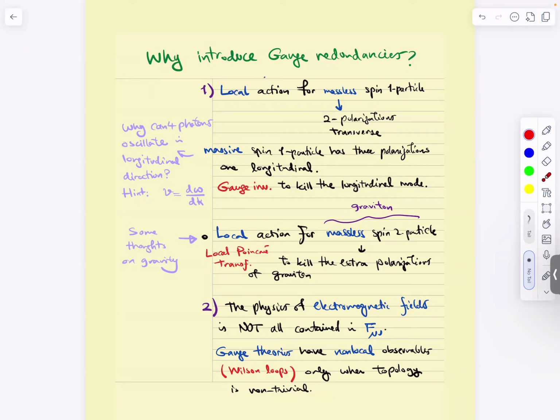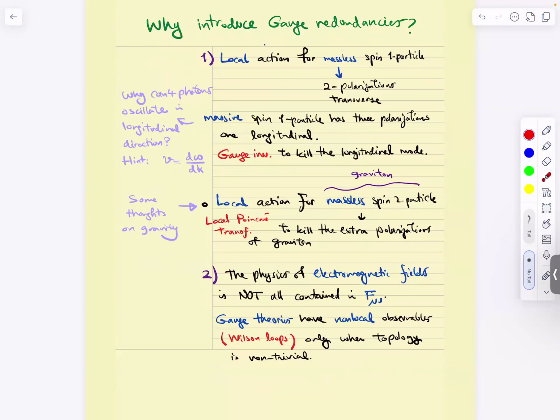There would be analogs of Ward identities for gravity, right? To make sure that you kill them. Remember that again. There's nothing wrong with gravity as a quantum theory if you're doing EFT, perturbation theory, up to a certain loop. Okay.